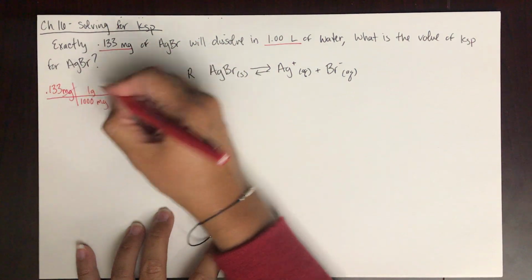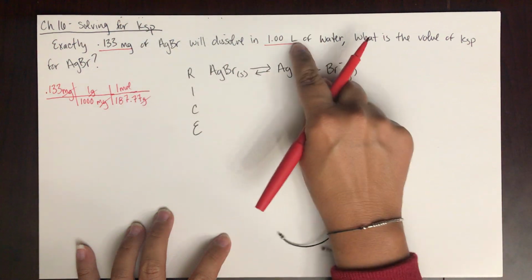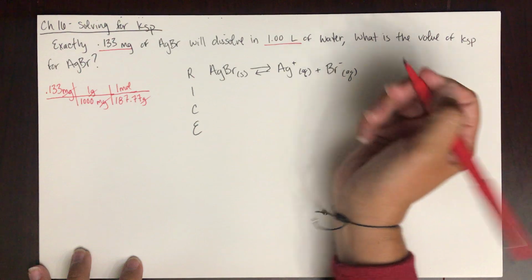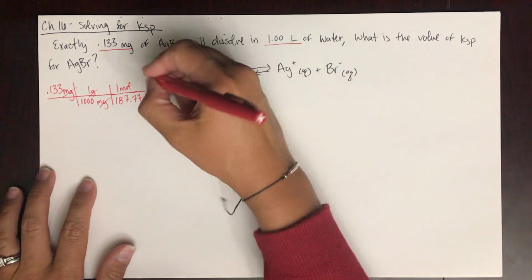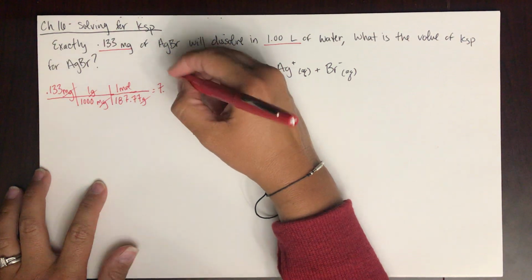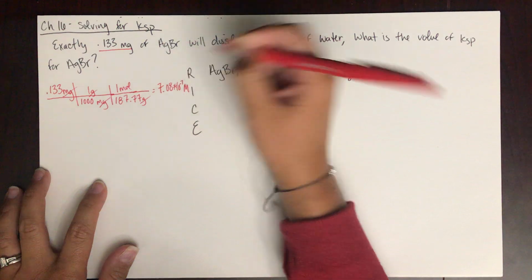So now what I've done is convert milligrams to grams and grams to moles, and it's in 1 liter. So however many moles this is, it's going to be moles per liter. That's my molarity. So this is going to give me 7.08 times 10 to the negative 7th molar.